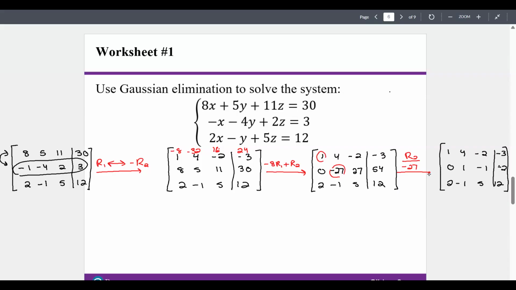All right. So let's try to get rid of this 2 here because we want a 0 there. So we're just going to say -2 R1 plus R3. So we are going to have a -2, -8, 4, and 6.